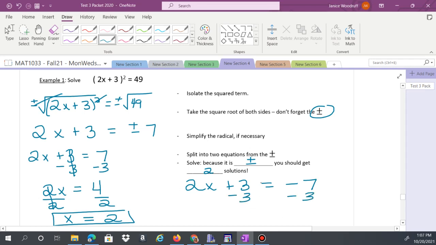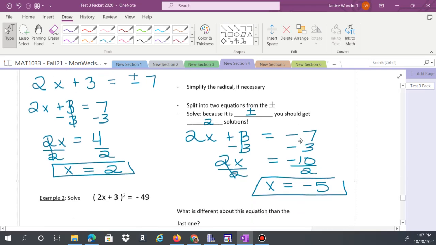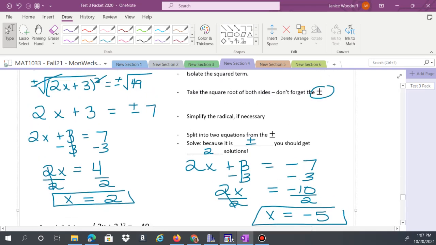Negative 7 minus 3 gives me negative 10. The 3's will cancel over here, bring down 2x. Then I will divide both sides by 2, and I'll get x equals negative 5. So there I have my two solutions, 2 and negative 5, and I would separate those solutions with a comma.